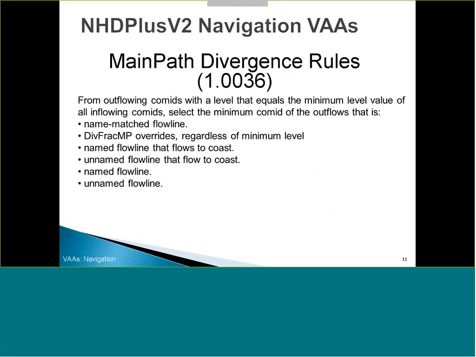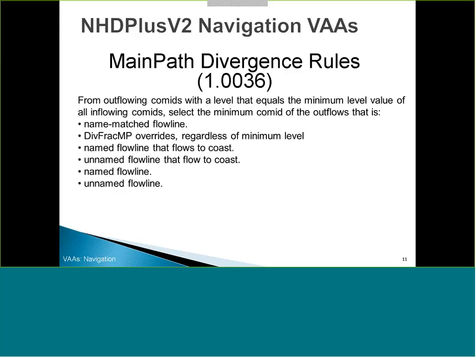Both of them use name as their primary method of choosing. If there is no name to follow, NHD Plus has a table called DivFrac-MP, which stands for Divergence Fraction Main Path. And it allows you to do a couple things.